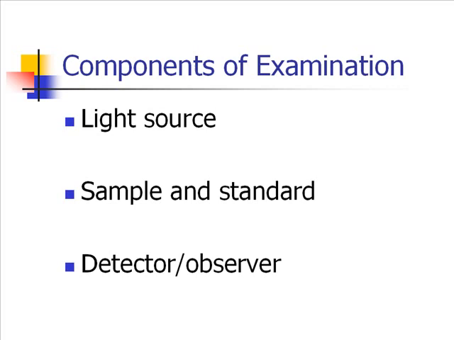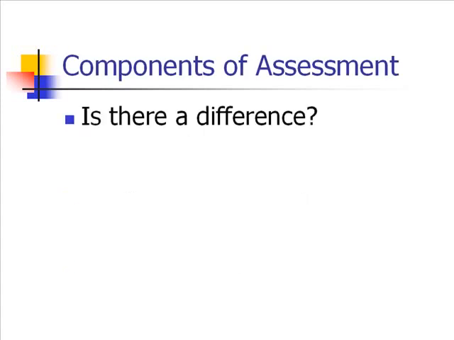First component of assessing what we're looking at is, is there a difference? You look at it. Remember I said our eyes are good null detectors. So the first question is, is there a difference between the standard and the sample? Then we need to describe that difference somehow. And we could describe it by words, or we can describe it by numbers, whatever we want to do.